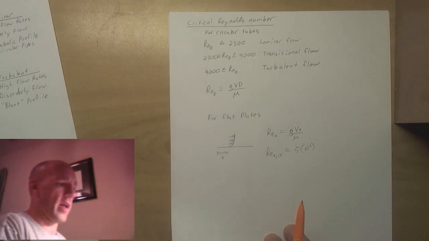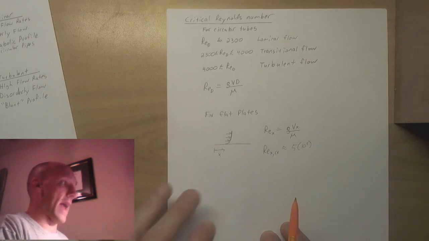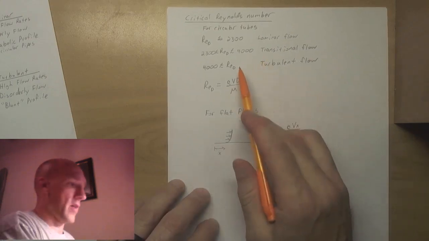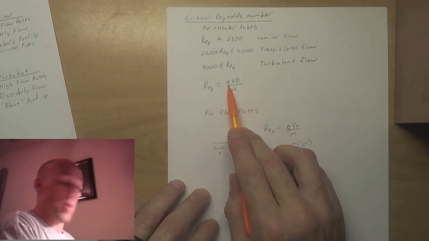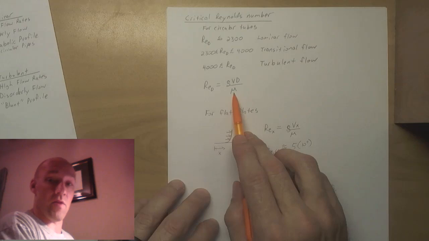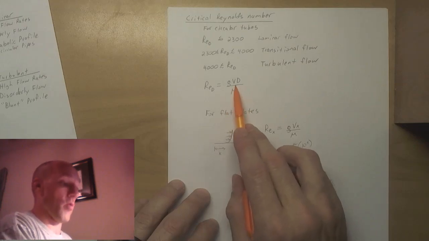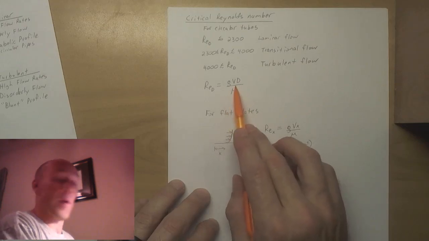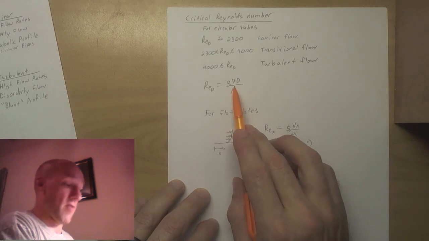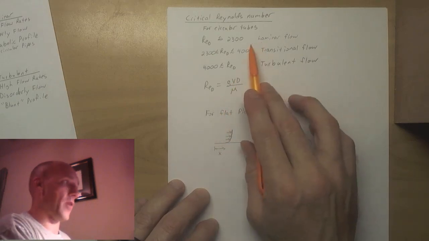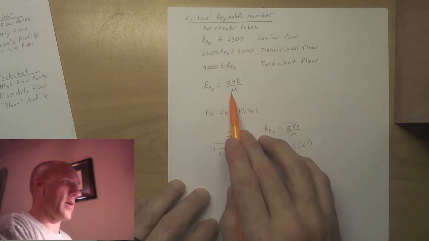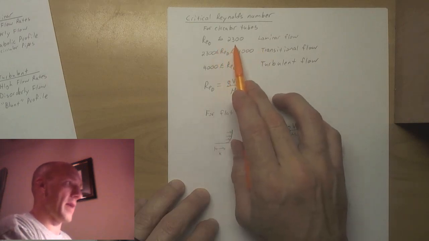Okay, especially in gases and tubes. This mu is a very small number. Even though density is not very large, the viscosity can be very, very small, and so Reynolds number can get very large very quickly, and it's very difficult to maintain gases in laminar flow. They can barely be moving to maintain laminar flow.